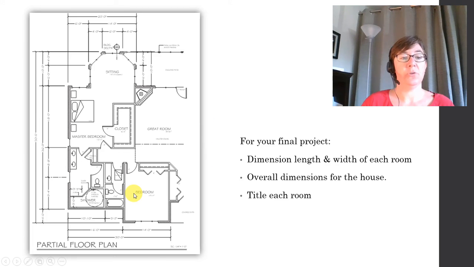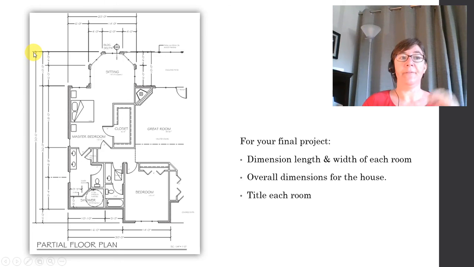First of all, I'd like each room titled. For example, bedroom, master bedroom, closet, great room, sitting room, whatever it is. Make up a name and title your room. Next, I'd like you to provide at least 2 levels of dimensions, and go ahead and do 3 levels if you are ambitious or have a lot of information to share.